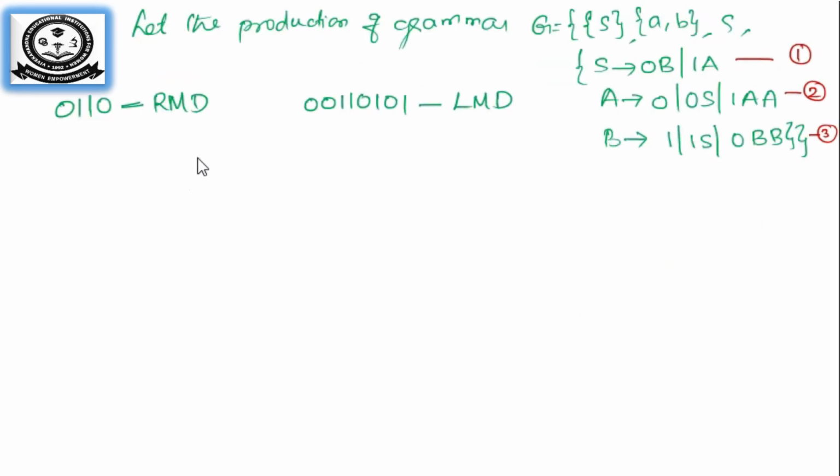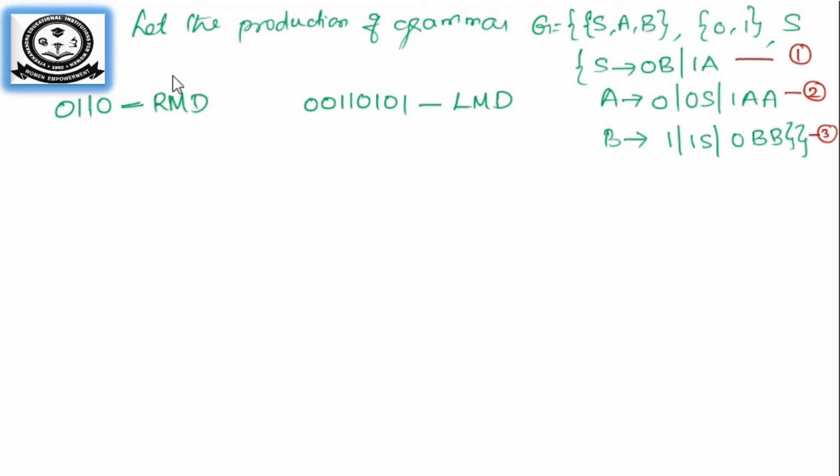So here the example is, we are given two symbols here, A and B. So yes, A and B are non-terminal variables and 0 and 1 are terminal variables. So two strings have been given here, 0, 1, 1, 0.